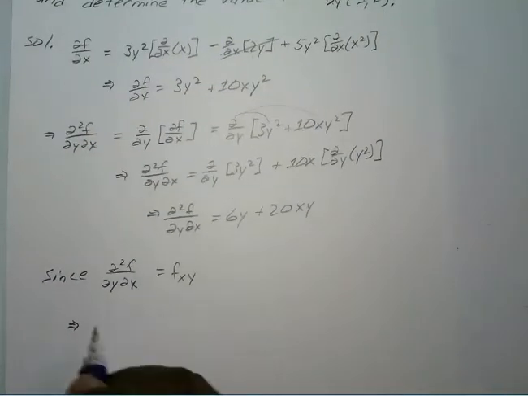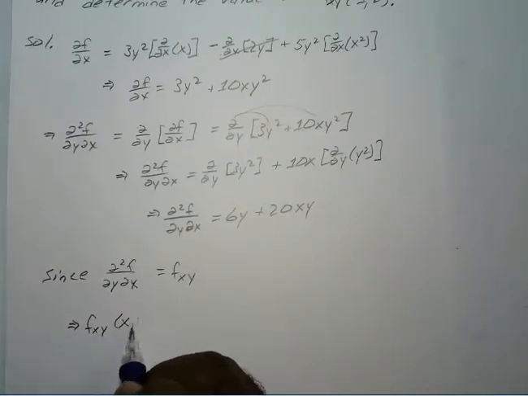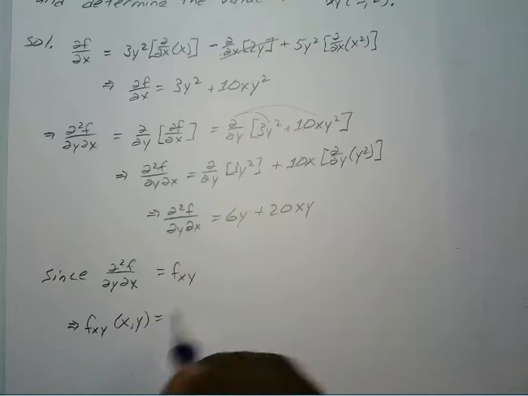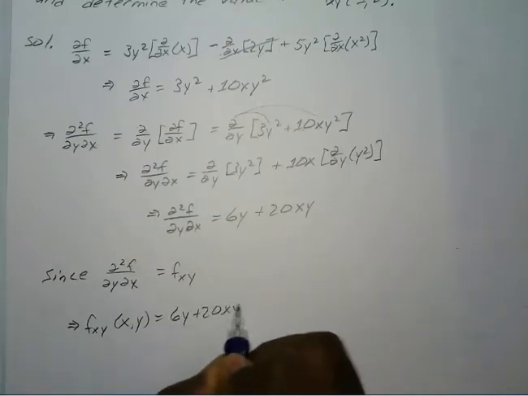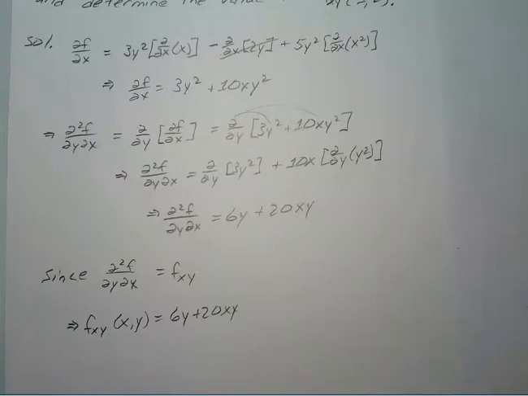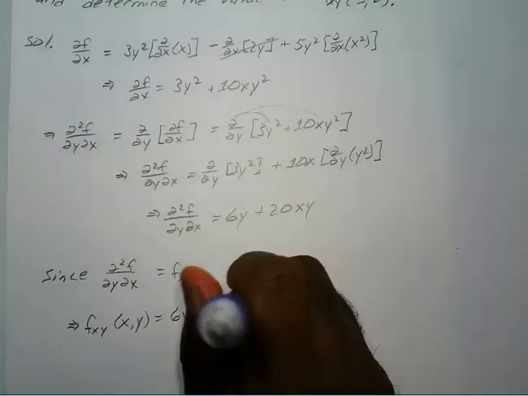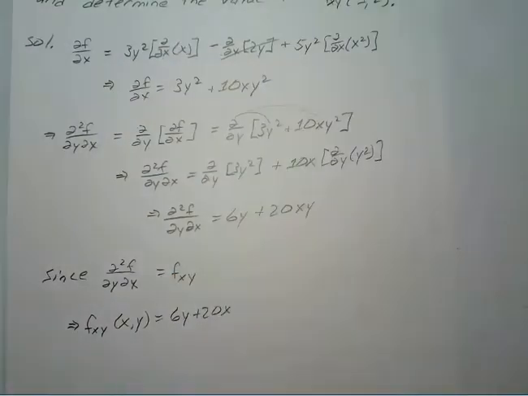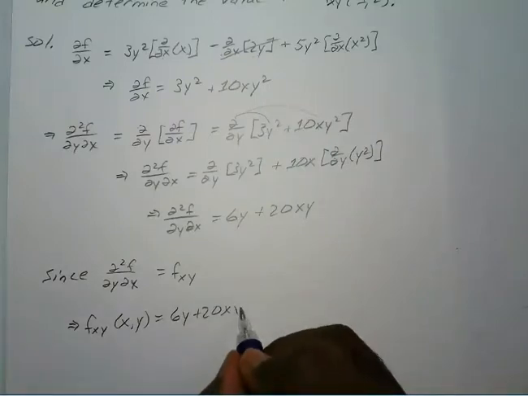So we know that the partial with respect to x and y, xy, is equal to 6y plus 20xy. Let me clean that y up a little bit so there's no confusion. There we go.